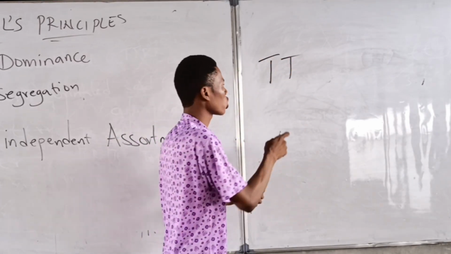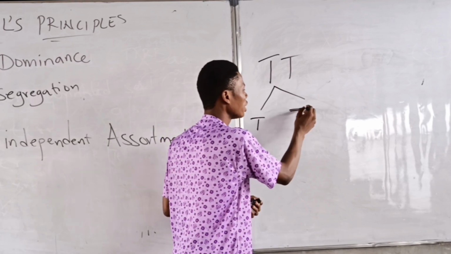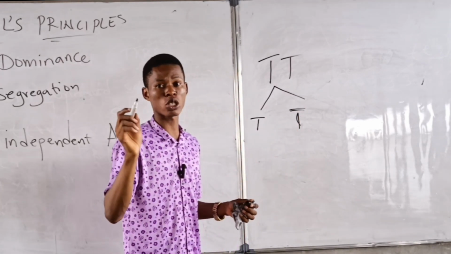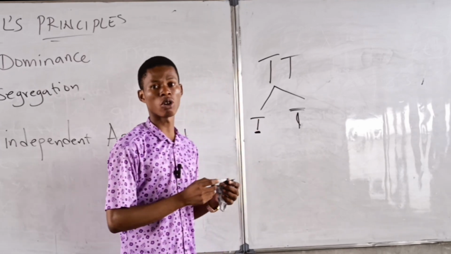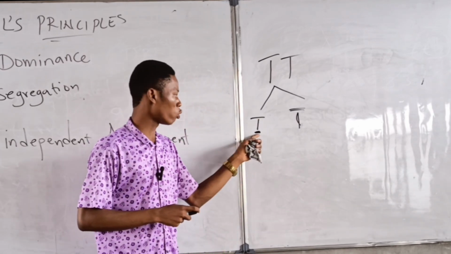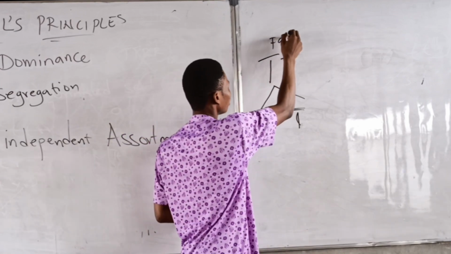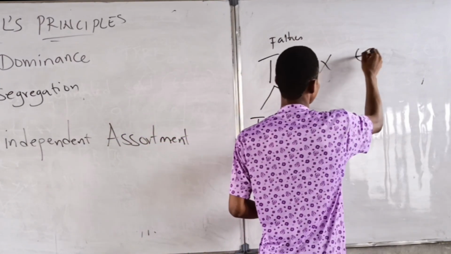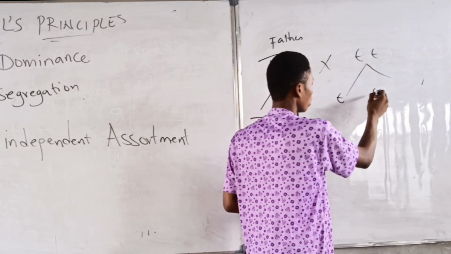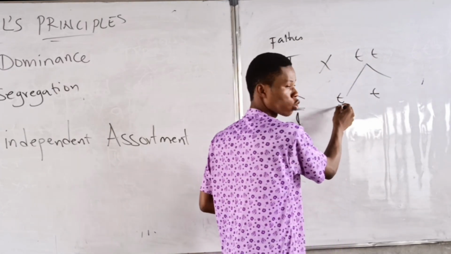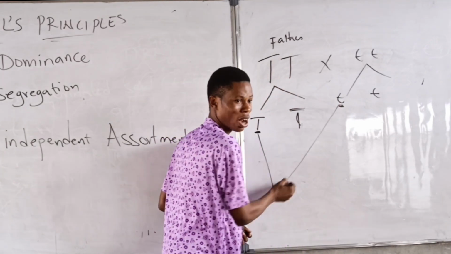The two alleles must separate from each other, so that during gamete formation, only one will be passed on, either the sperm or the egg cell. Only one will be passed. So the offspring will receive one from, let's say this is the father, and the mother is this. The mother also segregates, right? Small t, and only one of these will be passed to the offspring.